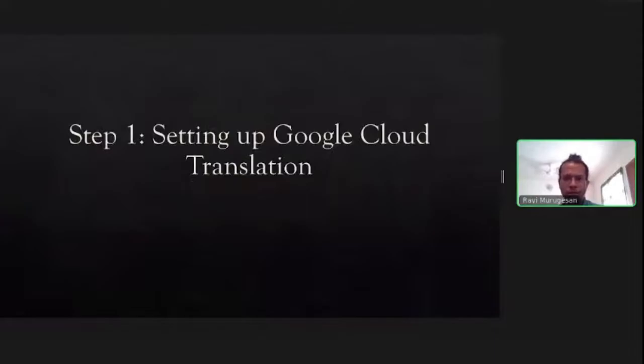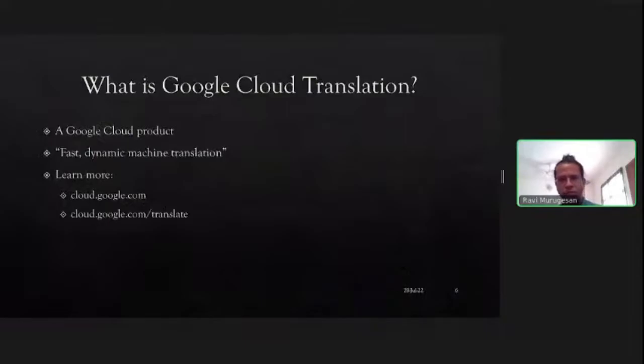Setting up Google Cloud Translation is the very first step. You may have heard of it. I think everybody has heard of Google Translate. This is not the same thing. It's not Google Translate. There are certainly similarities, and it is part of Google, but it's a Google Cloud product.